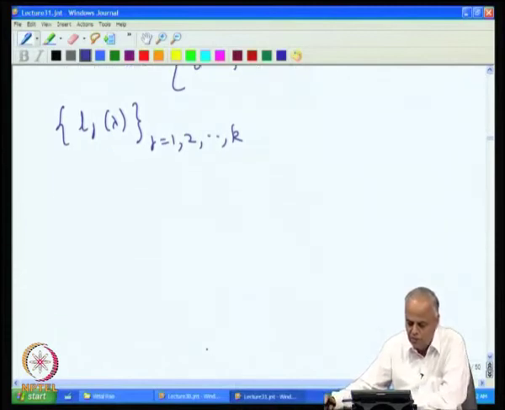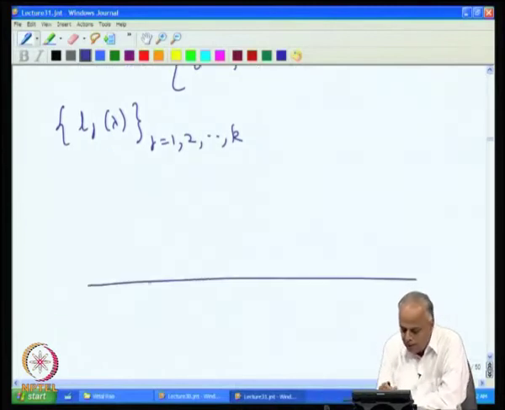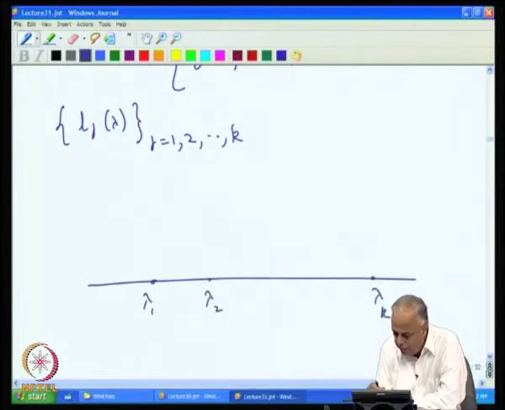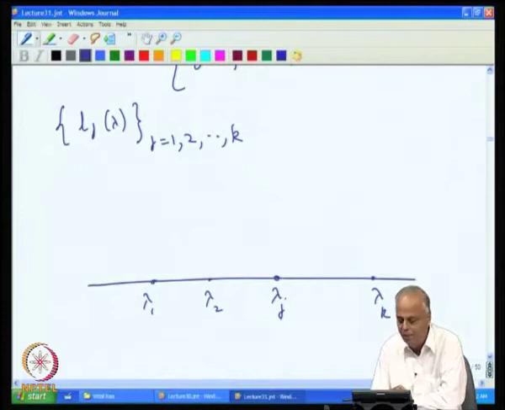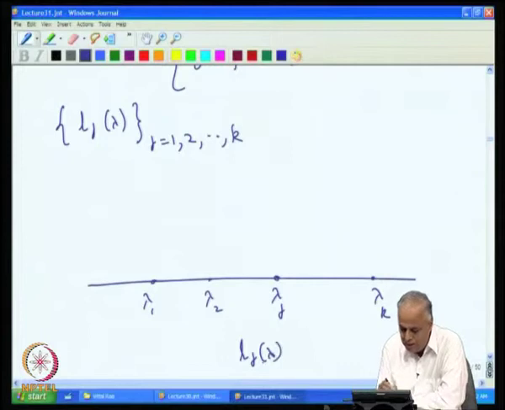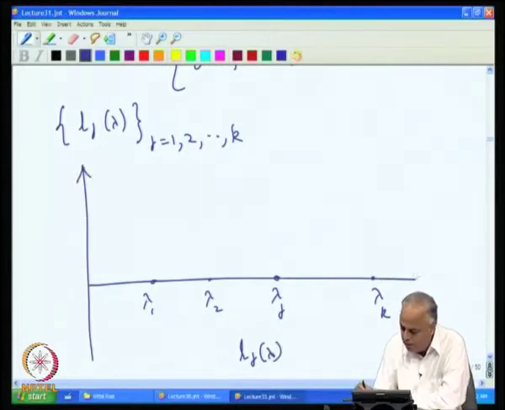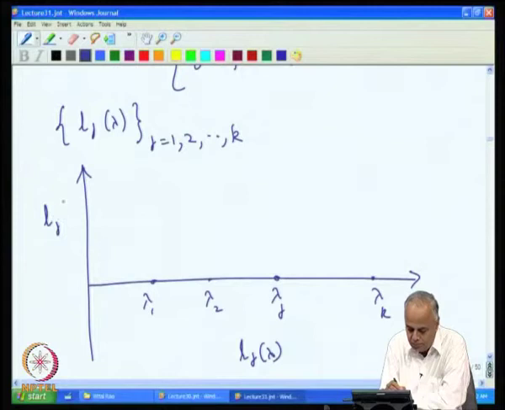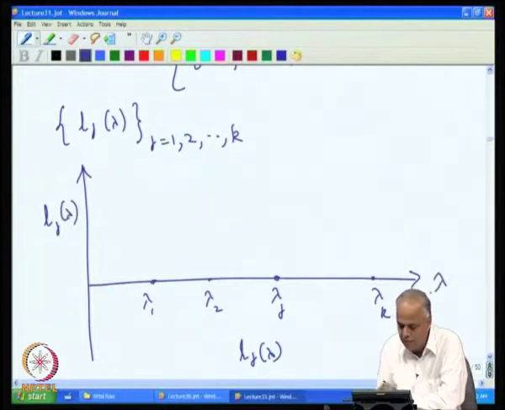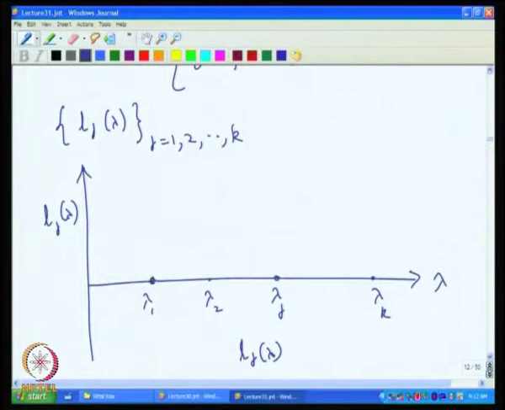So if you just loosely plot, assuming that lambda 1, lambda 2, lambda k were all real numbers, and if we had plotted this L j, let us say we are going to plot L j lambda along the y axis, and this is the lambda axis, then L j lambda will take the value 0 here, 0 here, and 0 here, except at lambda j it will take the value 1.